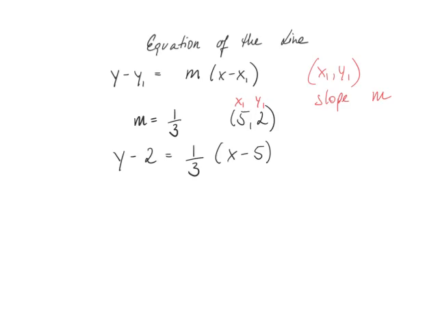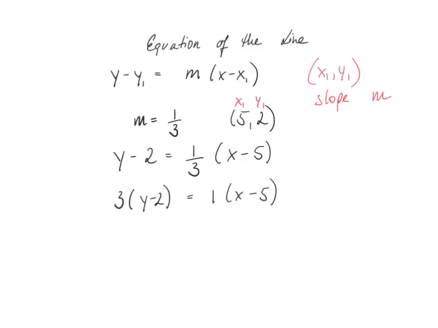First of all, we need to get rid of the fraction. The way we get rid of the fraction is by multiplying the left by 3. So we would go 3 times y minus 2. The y minus 2 needs to go in a bracket. And then we are just left with the 1 times x minus 5.